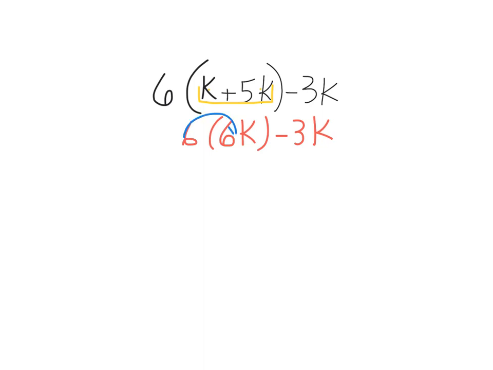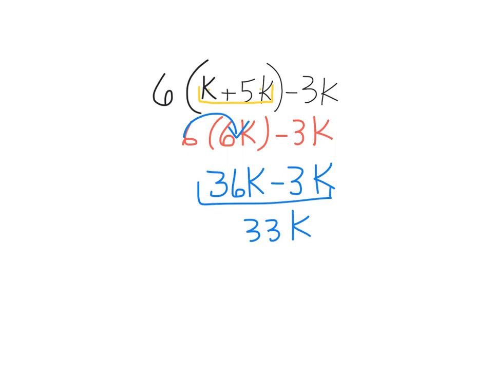So now what's 6 times 6k? 36k minus 3k. 36 minus 3, 33k. So that also is a little different, faster way to do it, only because when you see parentheses, you do want to see if you can combine anything inside the parentheses first. And we learned that with order of operations.